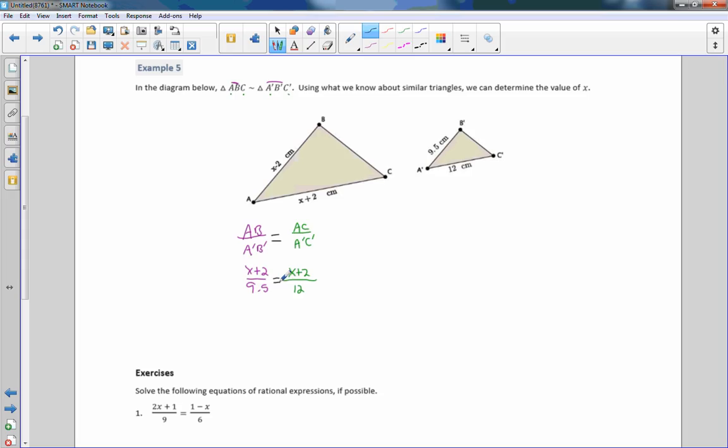So now that I've got this set up, I can cross multiply. So I'm going to multiply 9.5 times x plus 2 and set that equal to these two being multiplied. So that's equal to 12 times x plus 2.